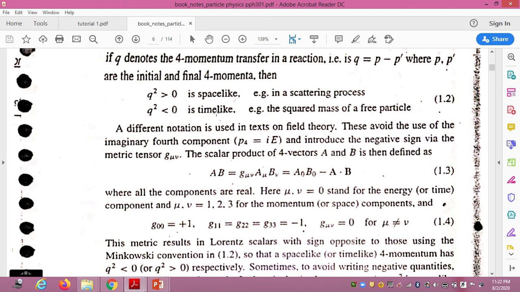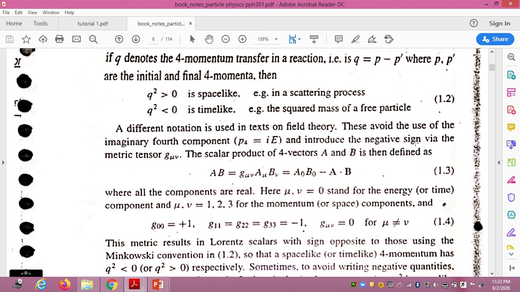So this is all about the 4 vector notations. Different notations are used in the texts on field theory. That means there are many ways you can define the parameters. To avoid the use of an imaginary fourth component, since we don't want it to be imaginary, we introduce a negative sign.